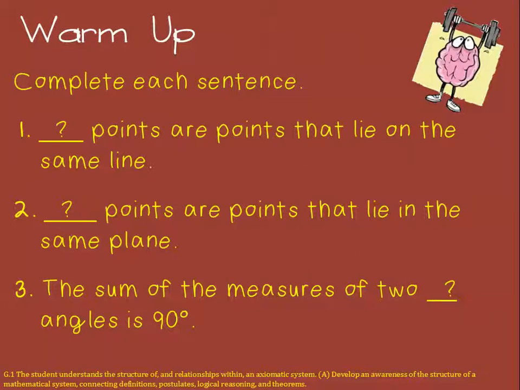What kind of points lie in the same plane? And then the third question is, the sum of the measures of two blank angles is 90 degrees. So, what special pair of angles will have the sum of 90 degrees?